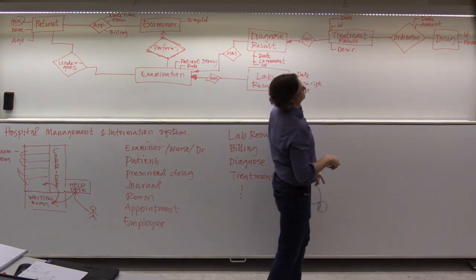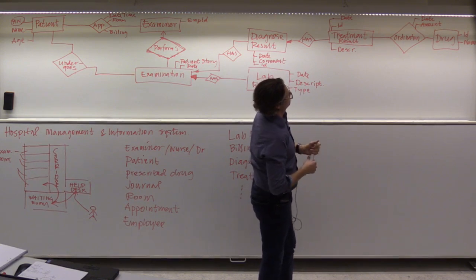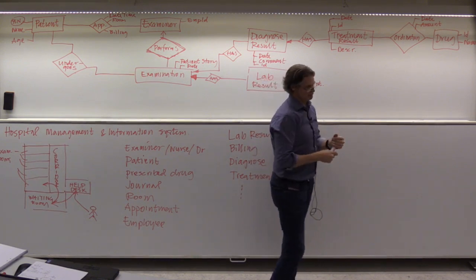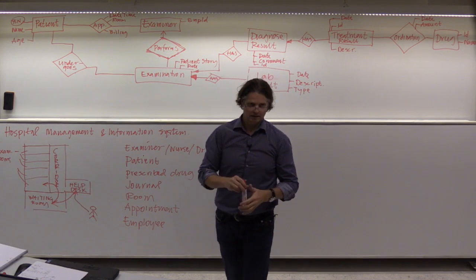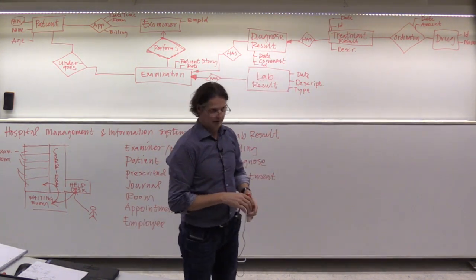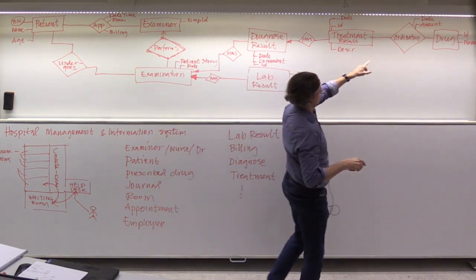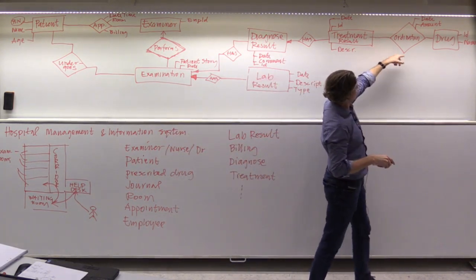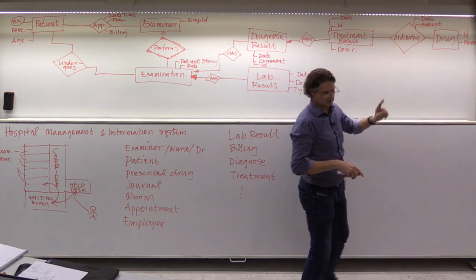And since there are different ways of using the same drug, I'm thinking of the amount of it and how much or how often. I thought that, okay, that's the relationship between the treatment and the drug. That's how much.